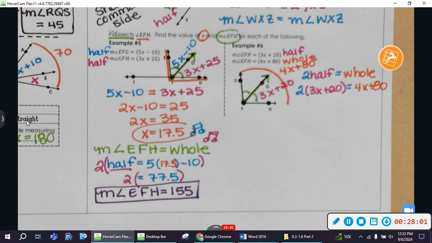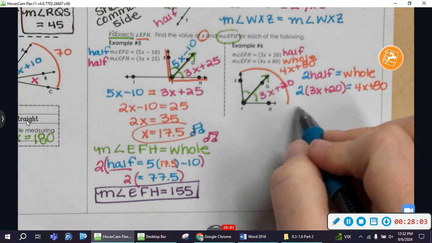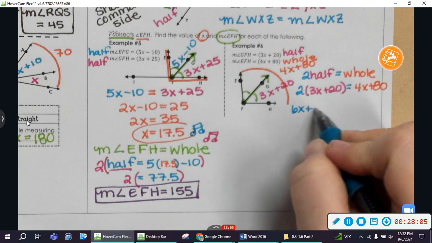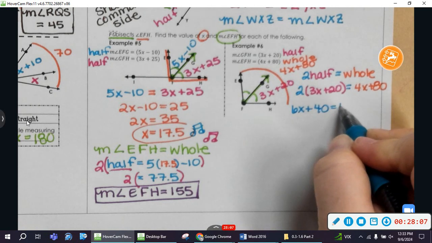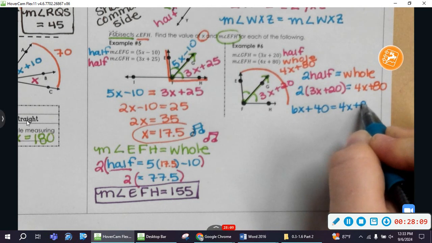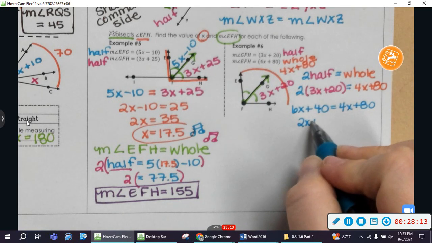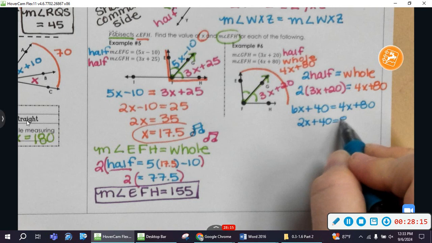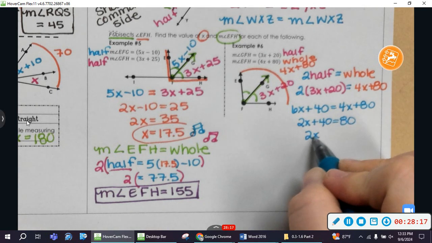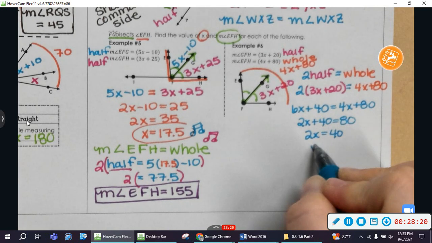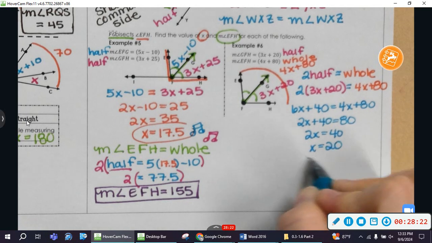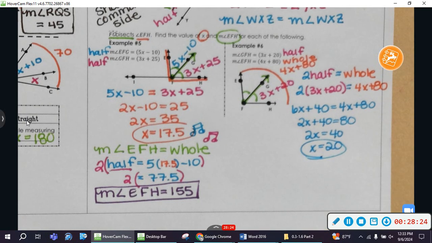So now we've got parentheses, so we've got to distribute. And some fancy math, we subtract over 4x. We subtract over 40, divide by 2, and we get our x value.